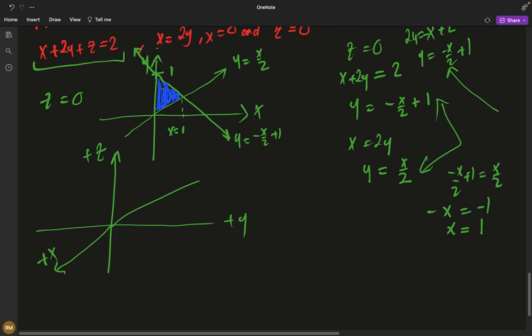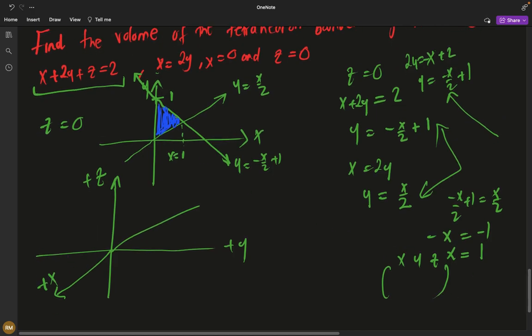Then this is our region of interest, and that means our first coordinate will need x, y, z, right? So we also need to find y here, and we can just substitute.